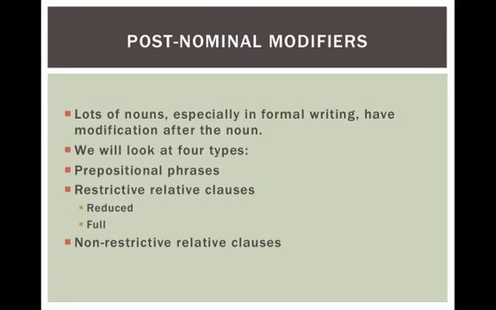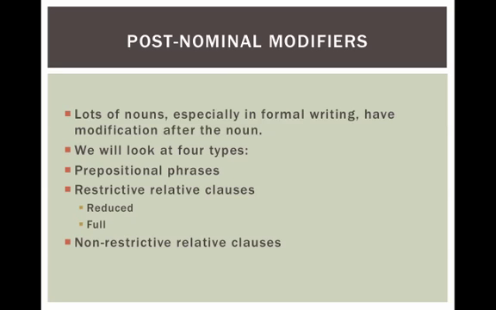All right, here we are. Post-nominal modifiers. Especially formal writing uses post-nominal modifiers. We're going to look at 4 types: prepositional phrases, and then the other kinds are all different kinds of relative clauses. Restrictive relative clauses, they can come in either a reduced form or a full form, or non-restrictive relative clauses.